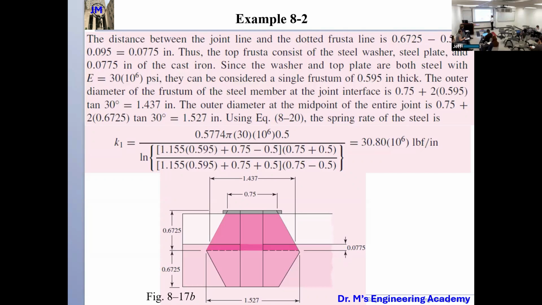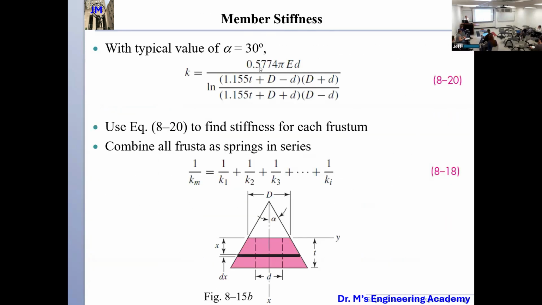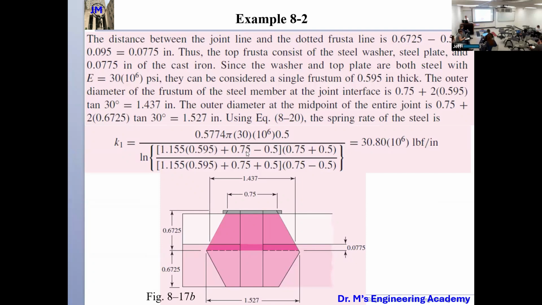And then you can calculate K1. K1 is for the first thruster, and you use this value. 820. Let me show you the 820. So this is 820, which is a constant, pi, Young's modulus, and the D value. The D value for this case is our D value.